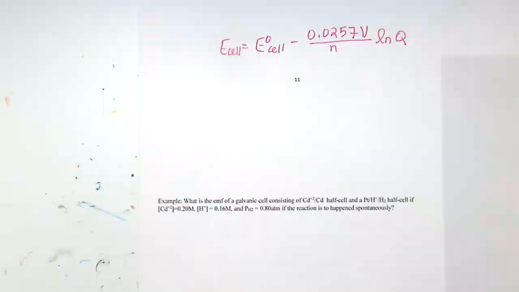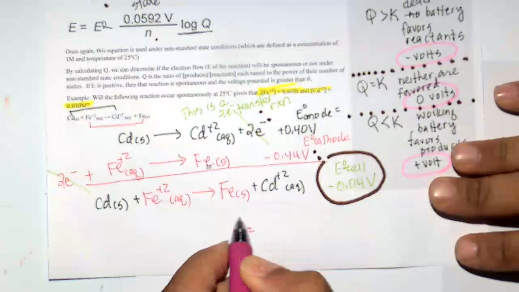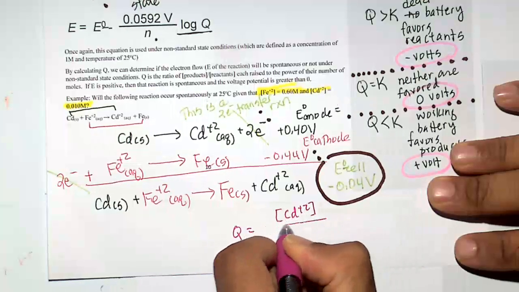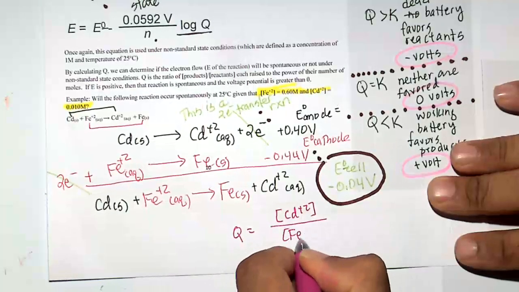This is one version of the Nernst equation I will use. And what is Q here? Q is going to be products over reactants. So products, Cd 2+, over reactants, Fe 2+.